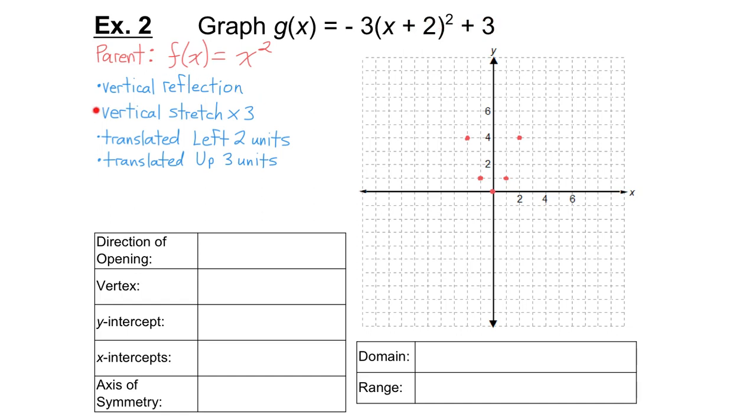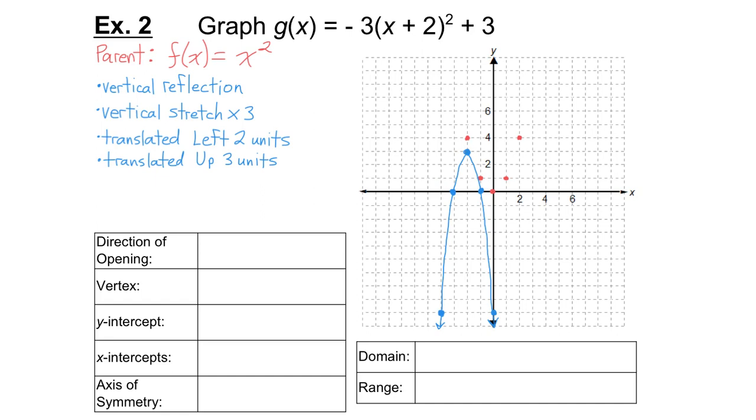So we have to apply each of those 4 transformations to each point on our parent function. And when I do that, I get my points transformed into these new locations, which I've indicated in blue, and draw a curve through your points as smooth as you can, indicate that it keeps going with arrows. So there's the graph of g of x.